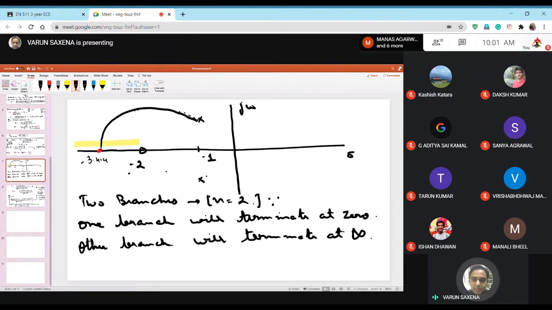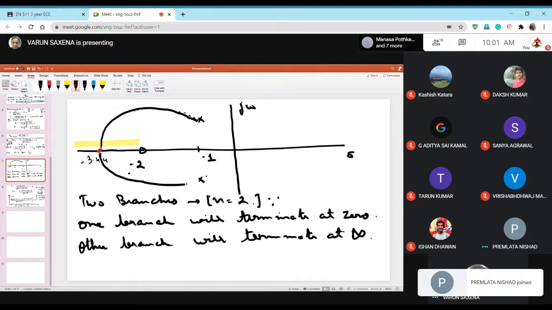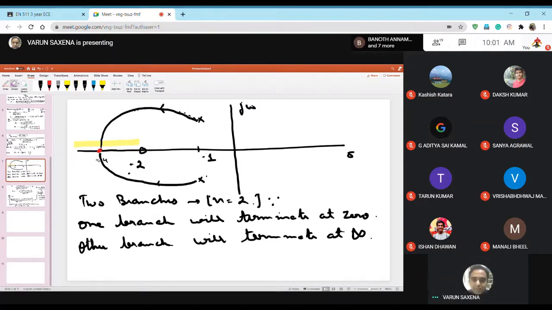We'll talk a little bit about the shape of the curve in a while, but this is how the root locus will move. It will come to this breakaway point, here, 3.414.